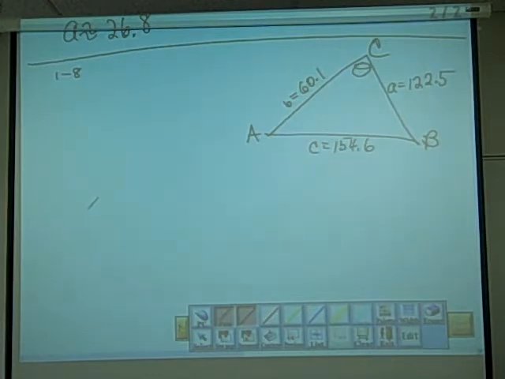Okay, so since we're looking for angle C, we want to put side C opposite the equal sign.